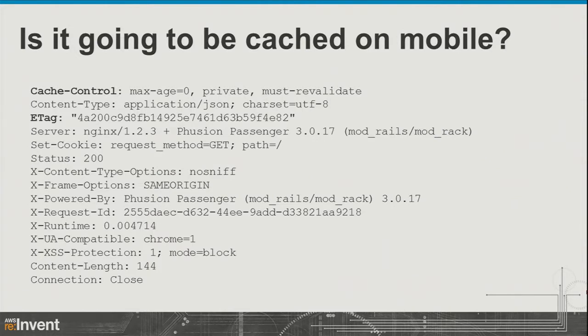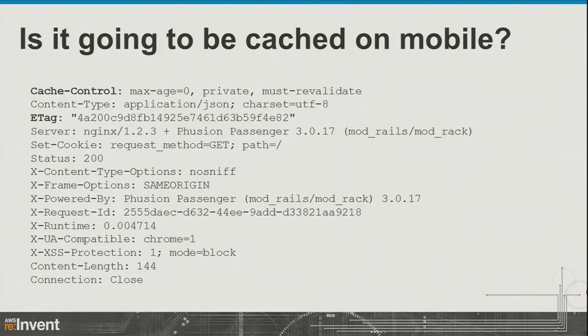So starting with a basic Rails application, the first thing you'll notice is I get the nice ETag. Every single one of my pages is tagged with an MD5 checksum, so I can implement caching on the client side.